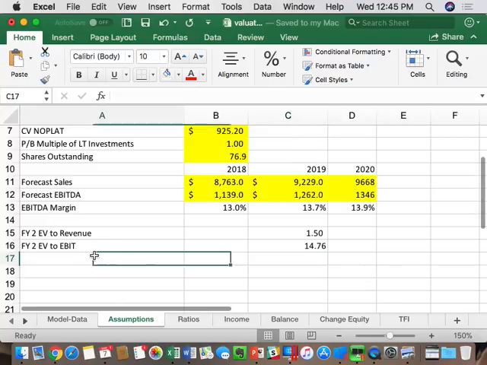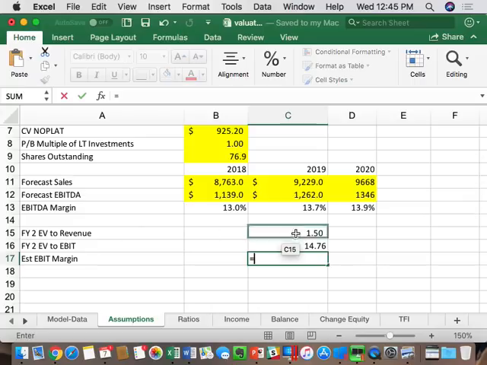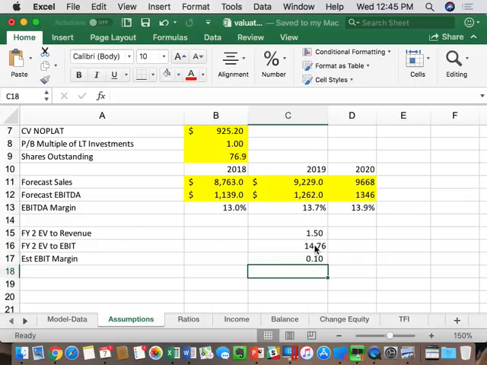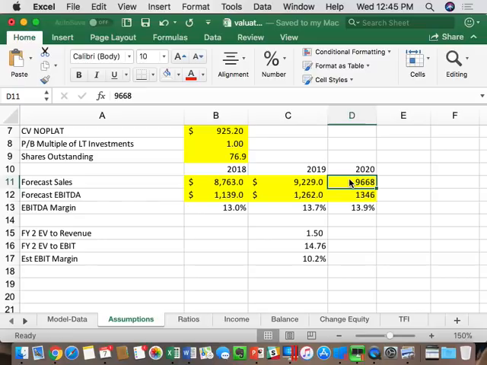So, estimated EBIT margin equals enterprise value to sales divided by enterprise value to EBIT. It's basically 10.2%. So, since this is key value drivers, we're talking perpetuity equations.